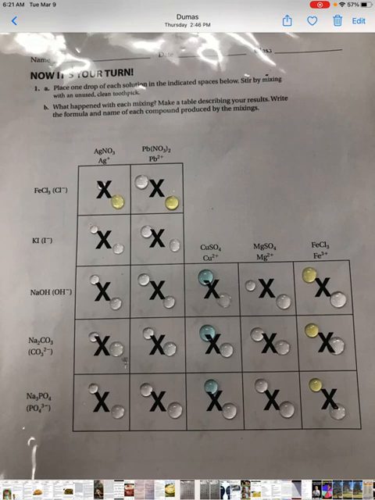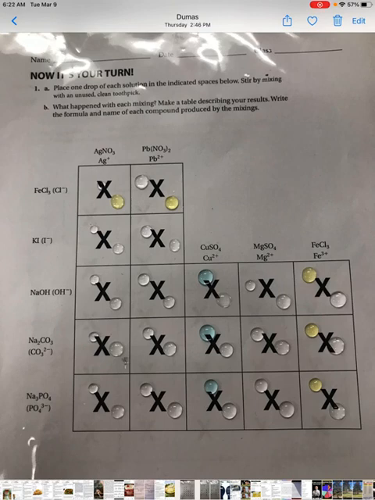Then in the row next to it, going down, we added a drop of lead nitrate. And in the third row, though there are fewer boxes, we added copper sulfate. You can see the light blue drops because copper ions have that characteristic blue color.